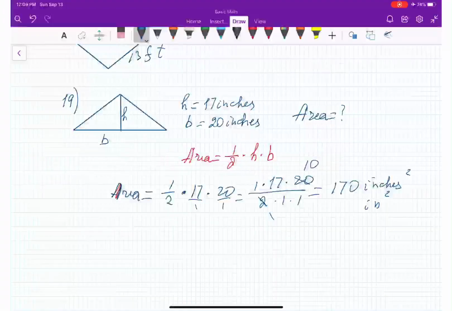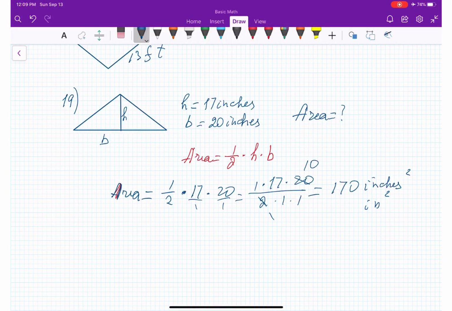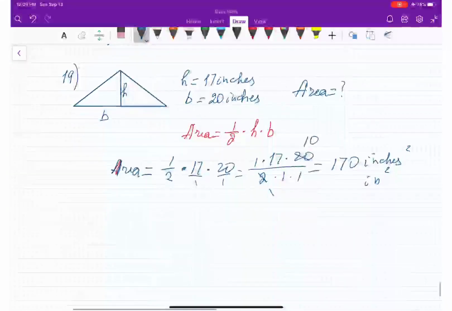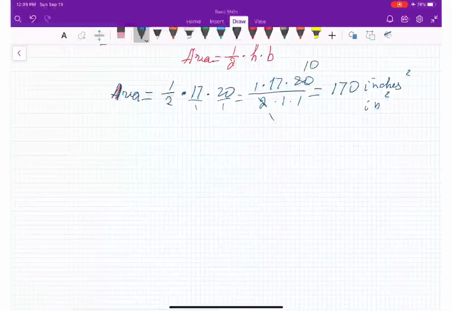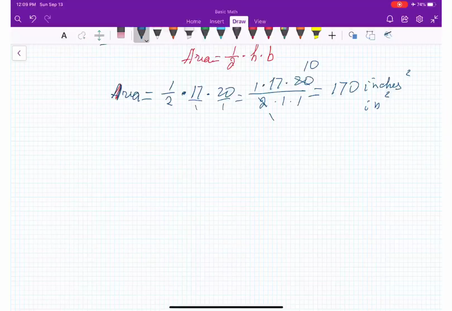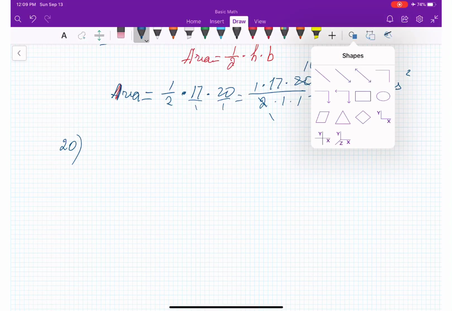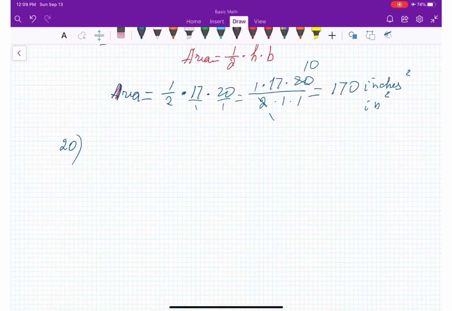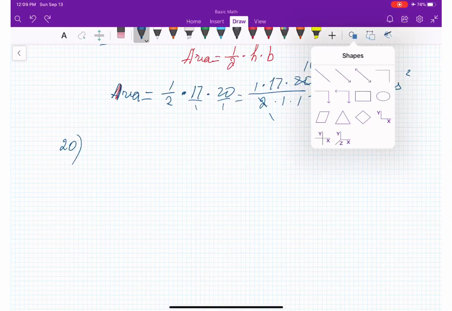And the last question. We have rectangle. That's not what I wanted.